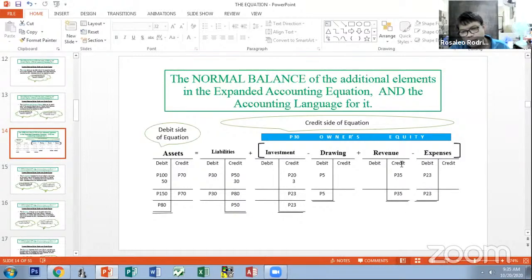But of course, for the revenue transaction to be complete, there must be a sale of goods or services. In that sale, there must be delivery of goods or services.